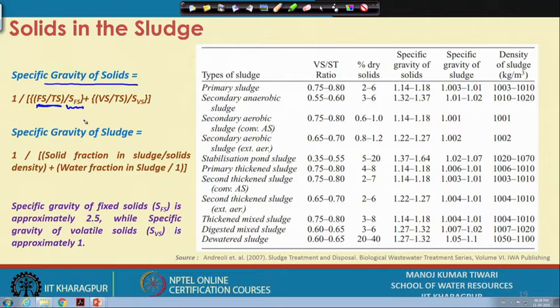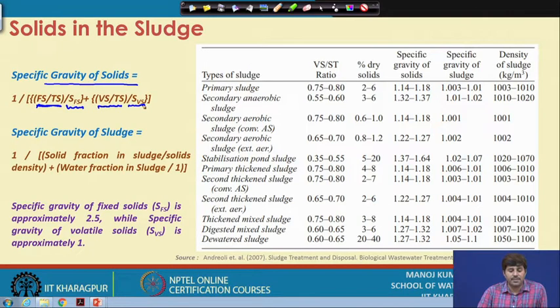That is one constituent, and then similarly the fraction of volatile solids divided by the specific gravity of volatile solids. If we take the sum of these and divide 1 by this number, we get the specific gravity of solids. Similarly, we can get the specific gravity of sludge when we divide 1 by the solid fraction in the sludge divided by the solid density, plus the water fraction in the sludge divided by the density of water.